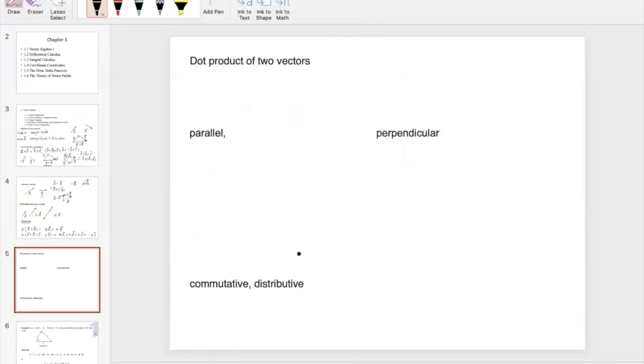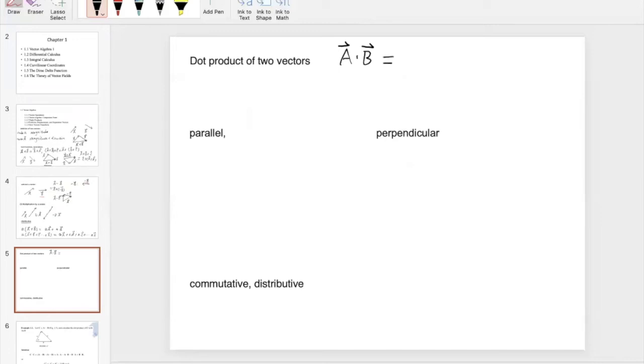Okay, now next, let's do a multiplication that is a little bit more complicated. The dot product of two vectors, like A dot product B, where A and B are both vectors.